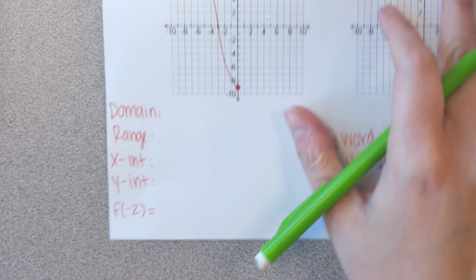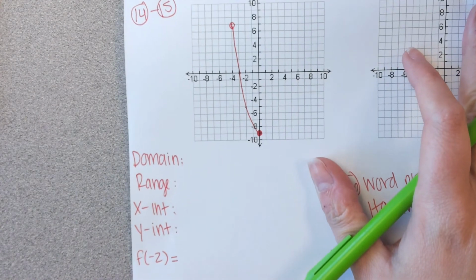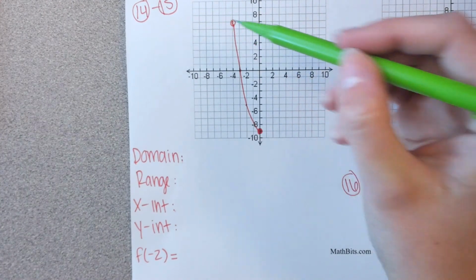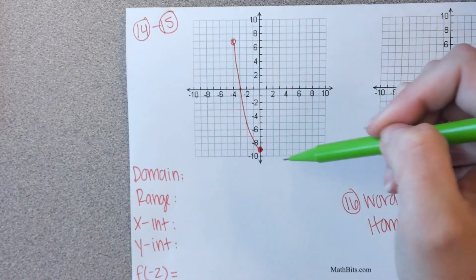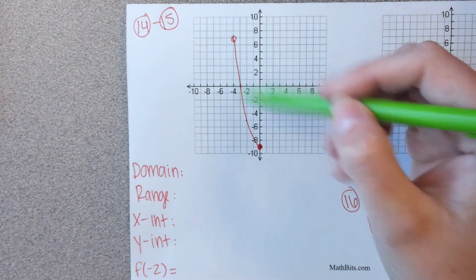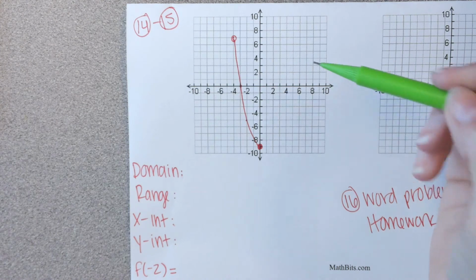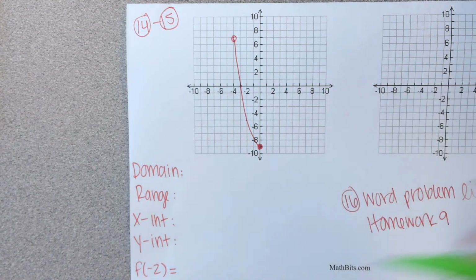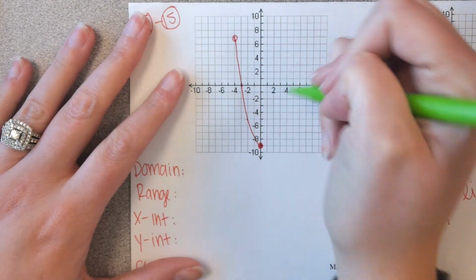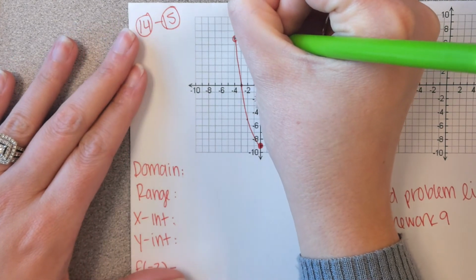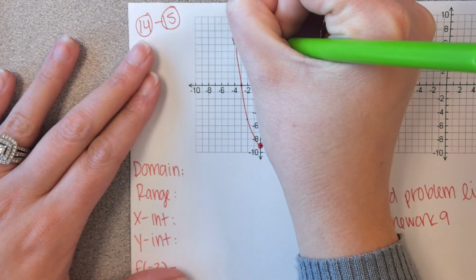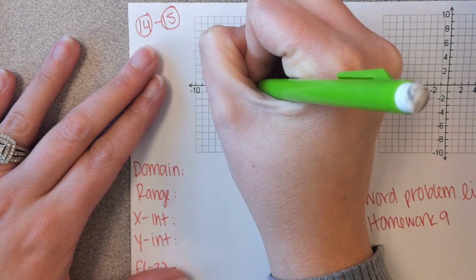Now, our last couple problems with graphs require you to do a little bit more. So here, 14 and 15 will look very similar to this. I've given you a function graph. First, we want the domain in interval notation. So we're going left to right, and we're looking at our x. This is the farthest point to the left, and where's it at? It's at negative 4.